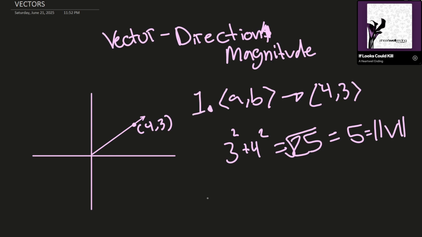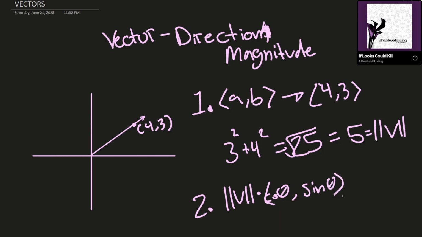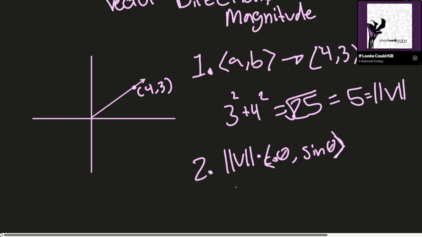So we do have the first component of the second form. Let me just write first form right here. That's number 1. Number 2, we can take the magnitude and multiply that by the direction, which can be represented with cosine theta and sine theta. Here we've already found the magnitude, which is 5, and we can multiply that by cosine theta.